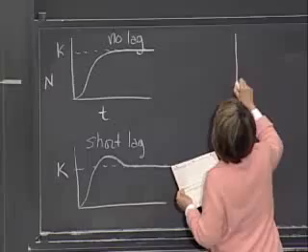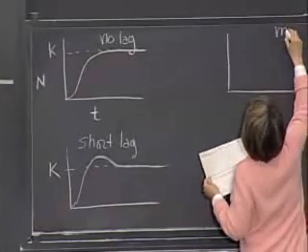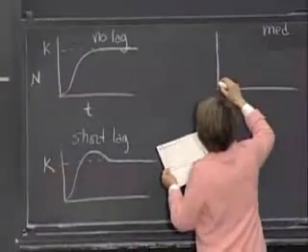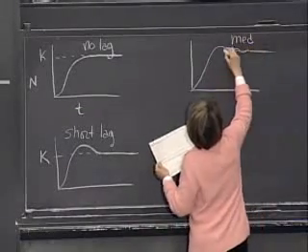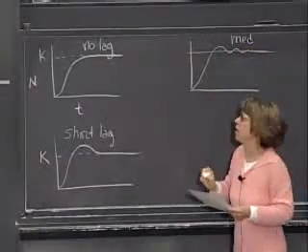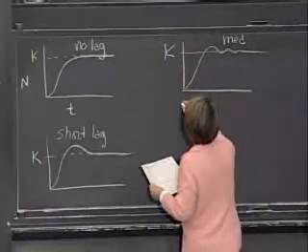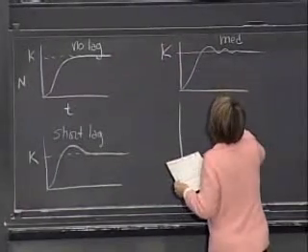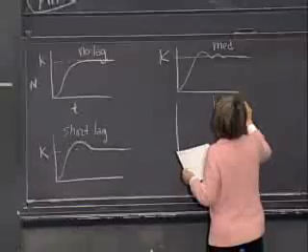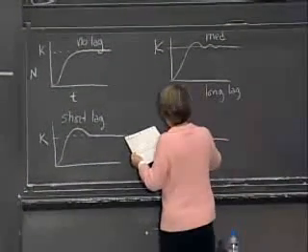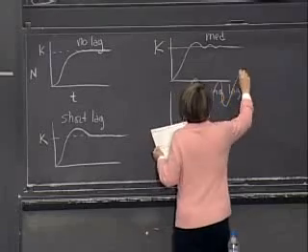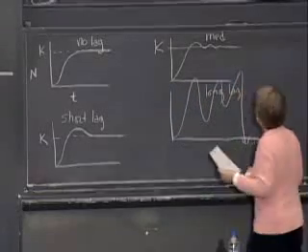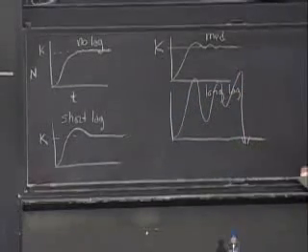If you have a medium lag, you often see something like this, where you get a couple of oscillations, but it levels off at the same carrying capacity. And with a long lag, you can end up with behavior that ultimately ends up in the population crashing.